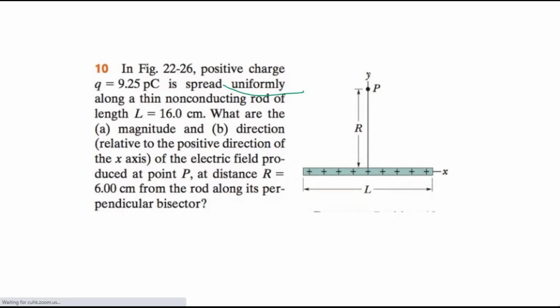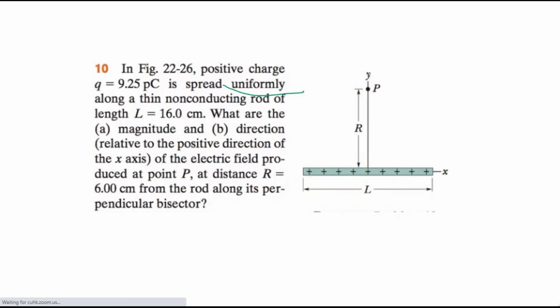Because if it is conducting, the charge will be concentrated at some location on the surface, so it won't be uniformly distributed. So usually when we say uniformly, that just says it's non-conducting.